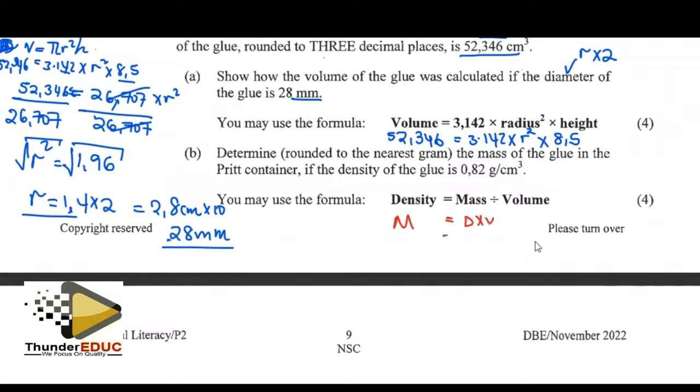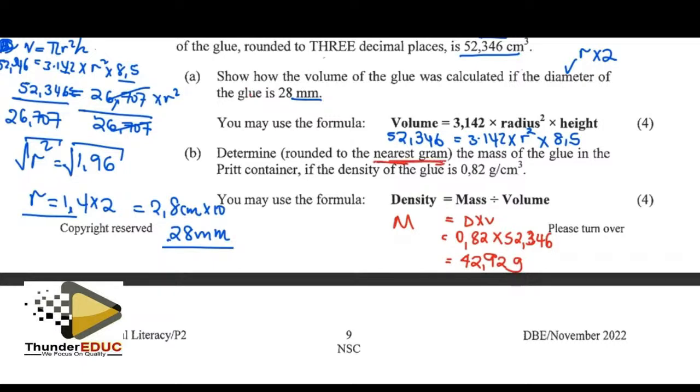Times volume, which will be density, they have already told us is 0.82 times the volume of the glue, which is already what? So the mass, they said it's 442.92 grams, but they said round off to the nearest.